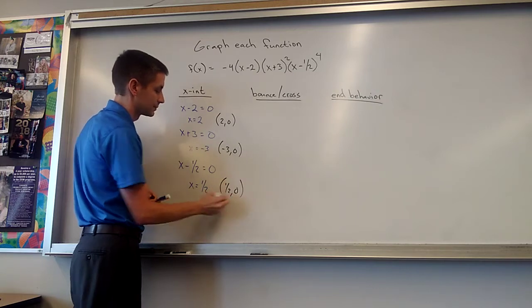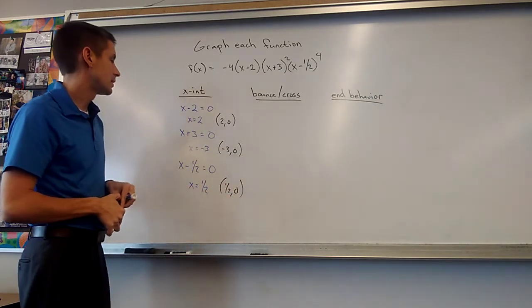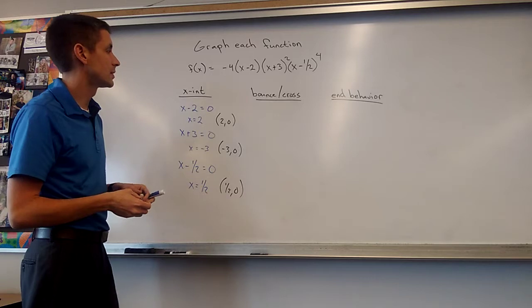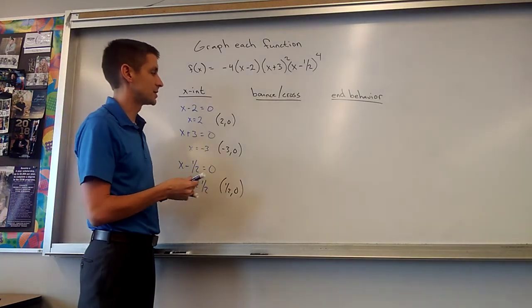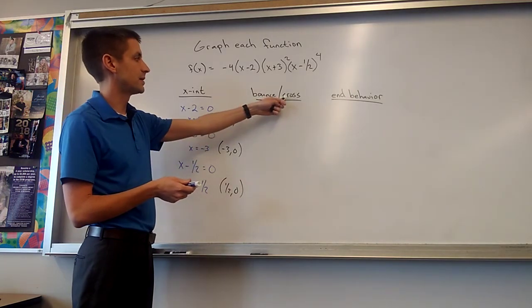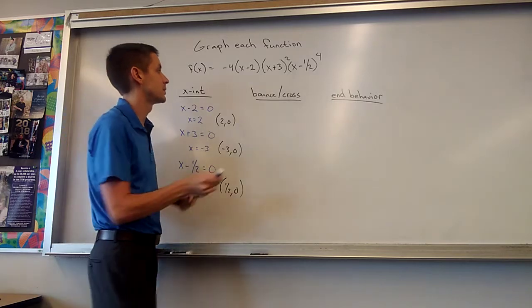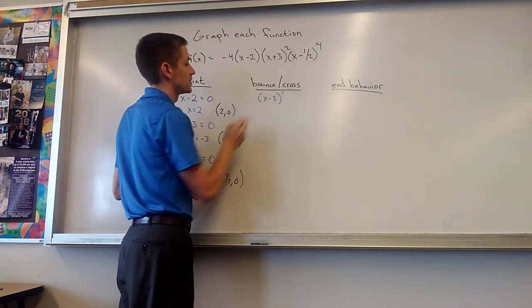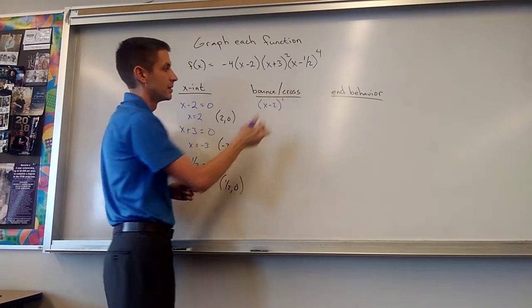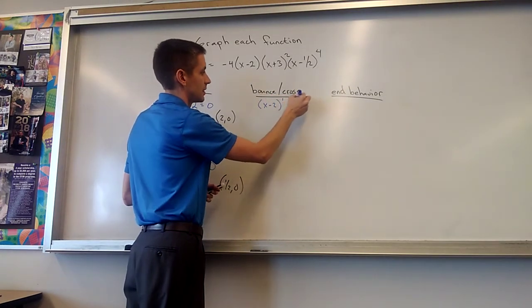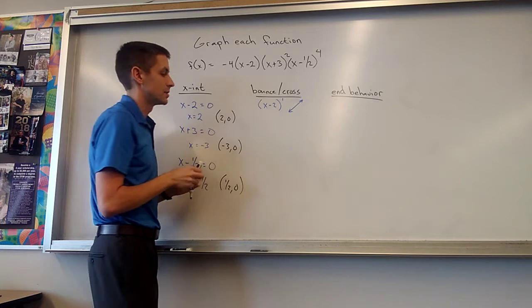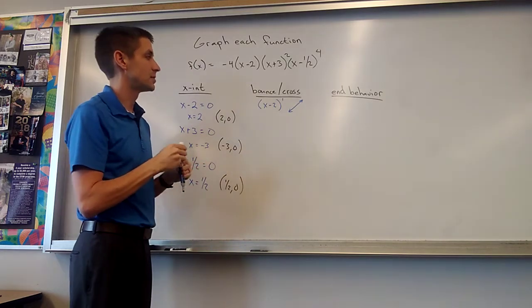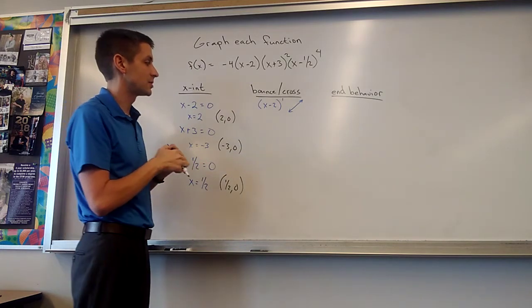Now that we have each one of those intercepts, I want to look at the degree of each one of those terms to determine whether it's going to bounce off of that intercept or cross through that intercept. So if I look at this first term of x minus 2, it's being raised to the first power. Now, first power is just a linear function. So if I'm going to approach that intercept, I'm expected to cross over that intercept, just like a line would.